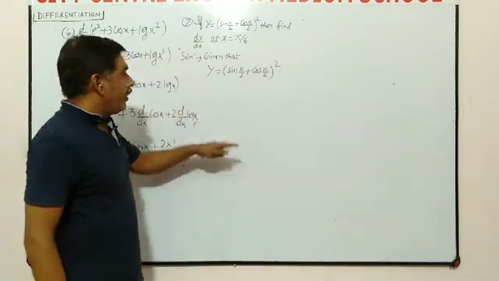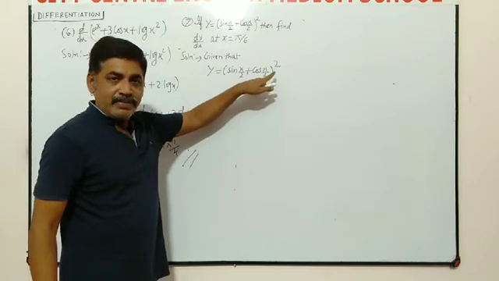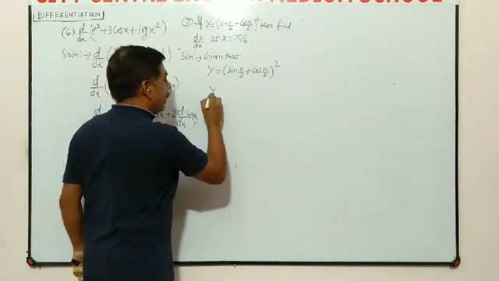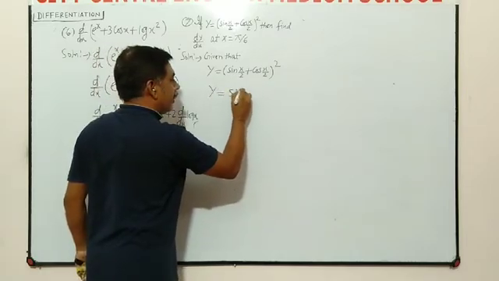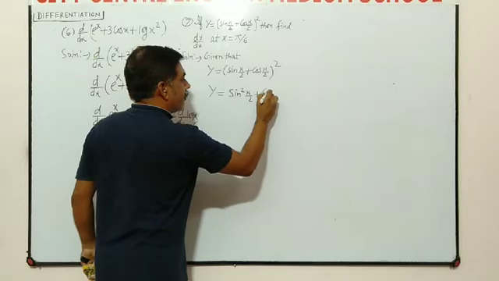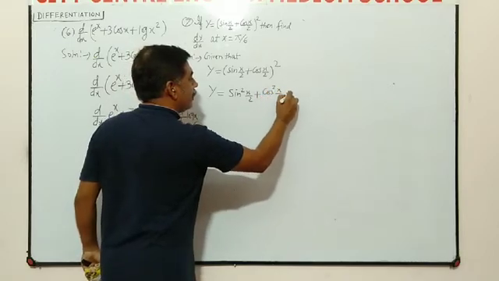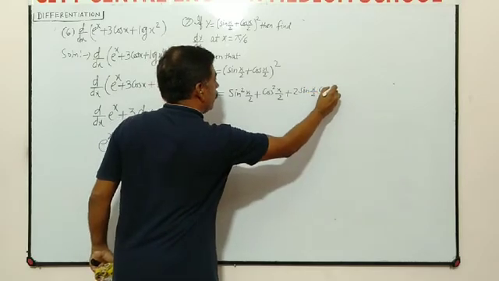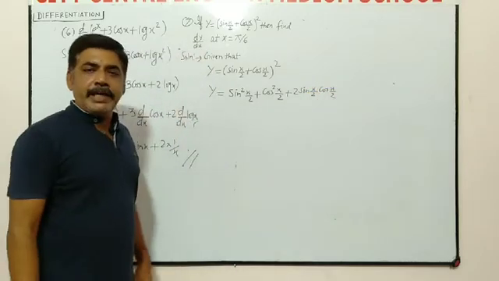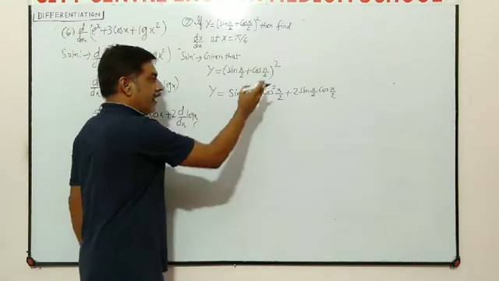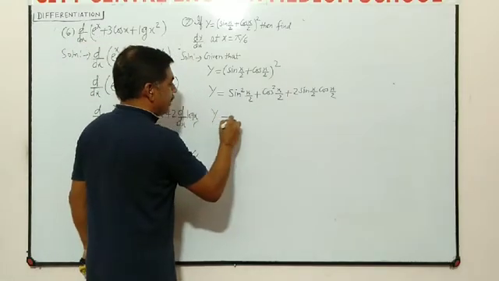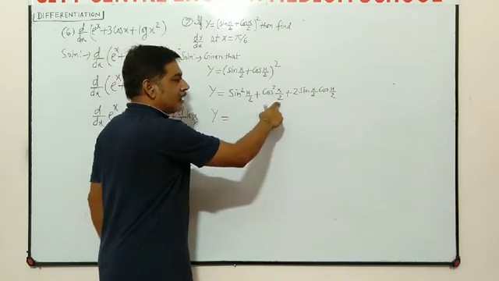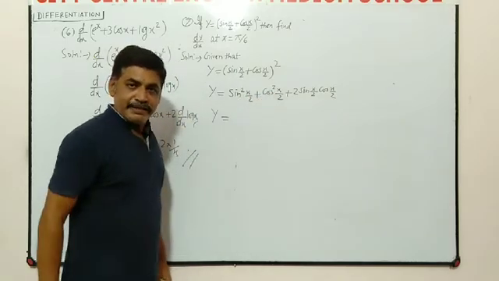Now we can expand a plus b whole square. Yes, we know the formula of a plus b whole square: a square plus b square plus 2ab. So y is equal to, yes, we know that sin square x by 2 plus cos square x by 2 equals 1.